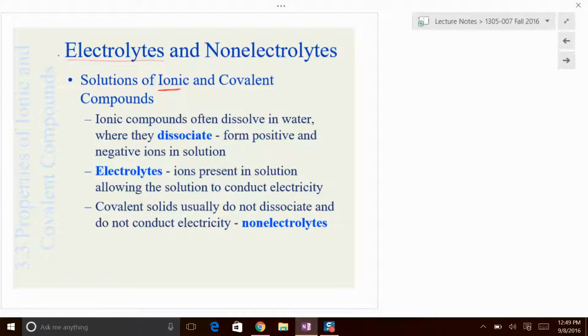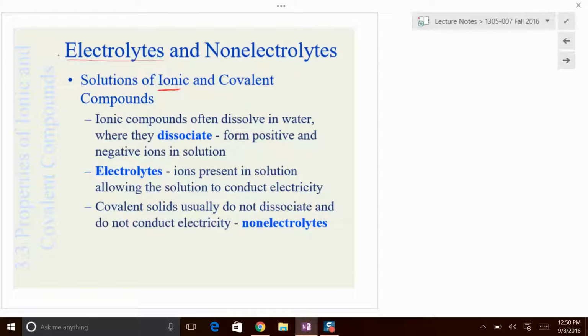Covalent solids, if you put them into solution, if you dissolve them, won't conduct electricity. But ionic solutions would conduct electricity. So if I take this salt in my house and I dump it in some water and I pass an electrical current through it, I can light up a light bulb. Okay? So the light bulb would light up.